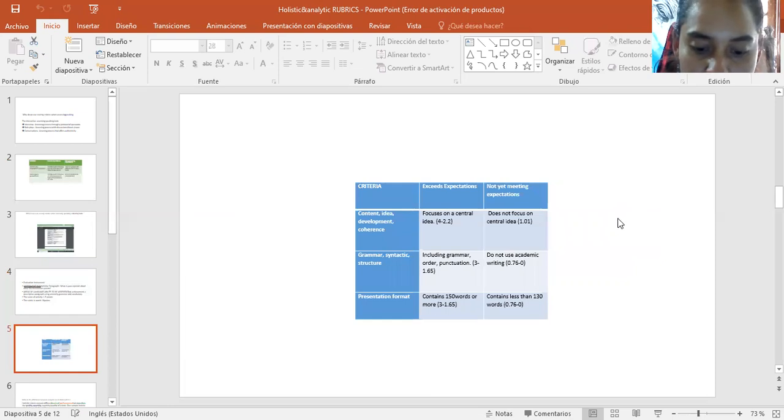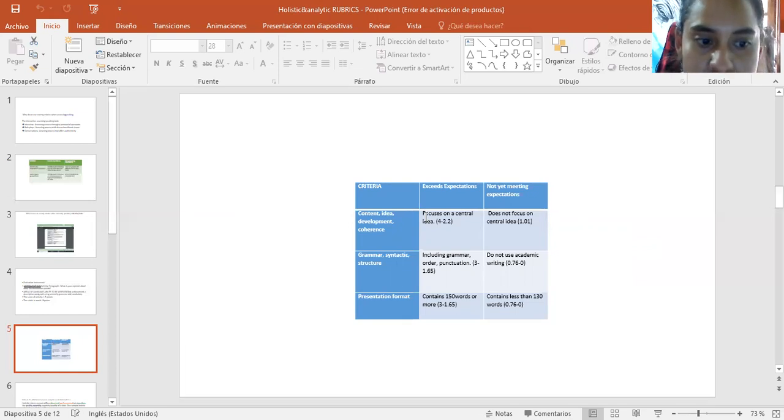The example of this type of evaluation, writing evaluation, has the criteria and the level of expectation, with high scores or low scores. In the criteria, this example must have the aspects that we need to evaluate.